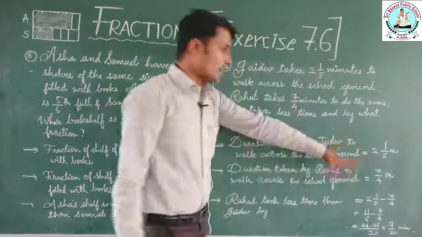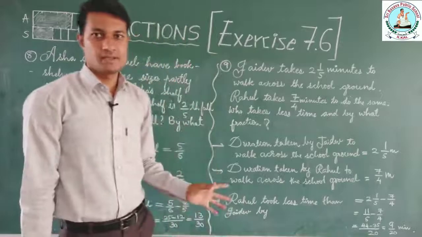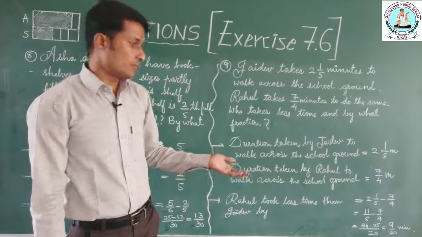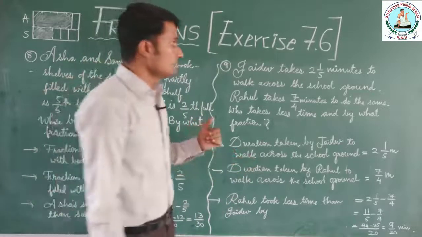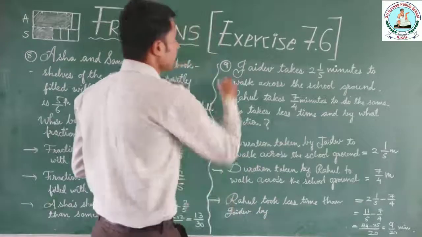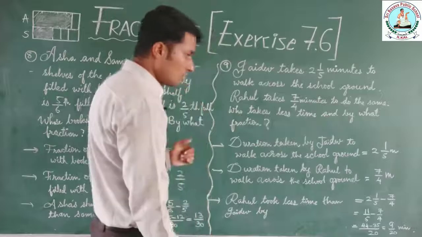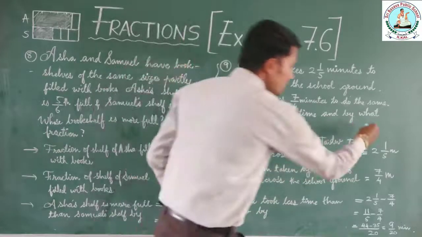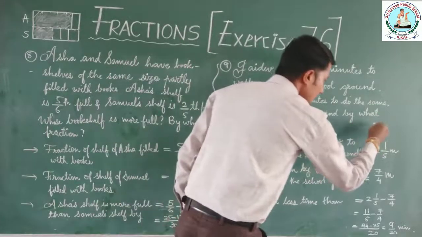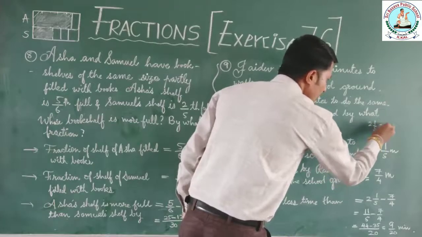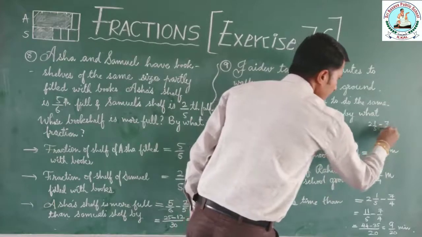So in order to compare both fractions, we need to bring them to improper fractions, then only we can compare. Here we are going to solve them as rough work. It is 2 1/5 and it is 7/4.